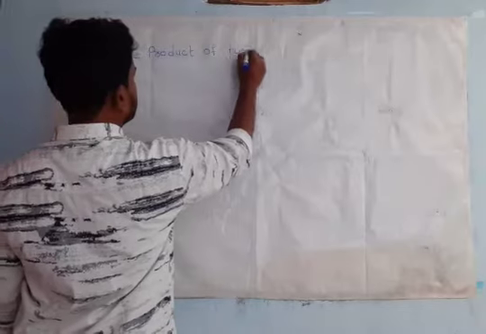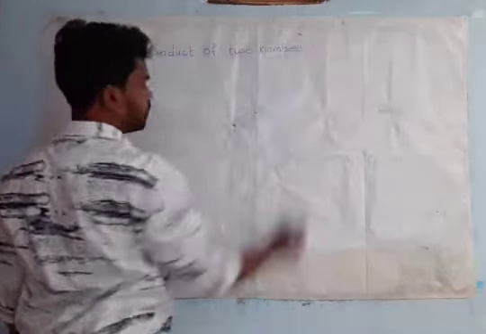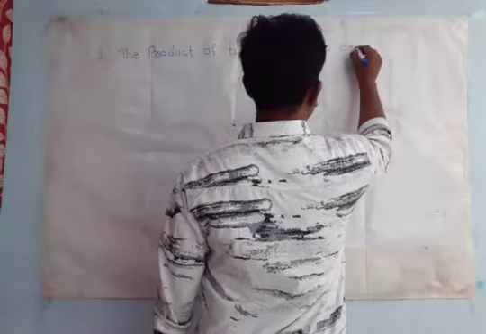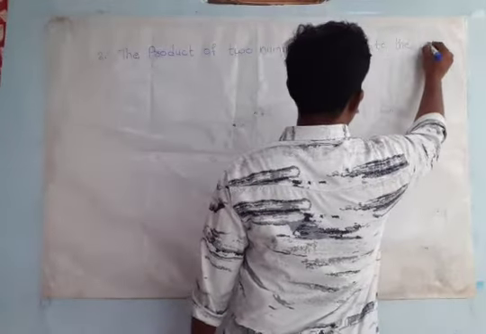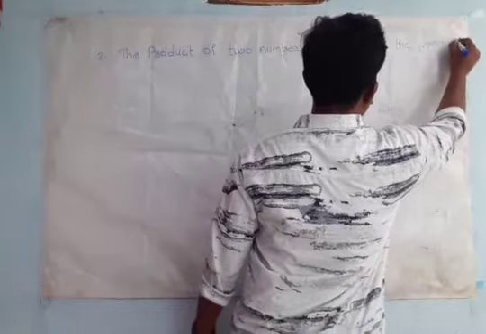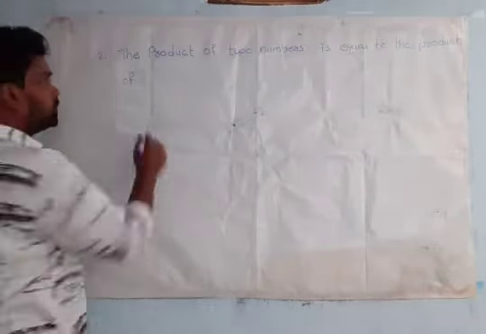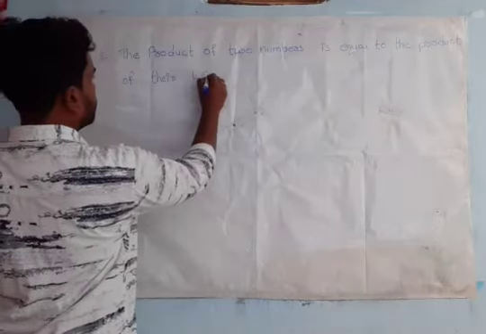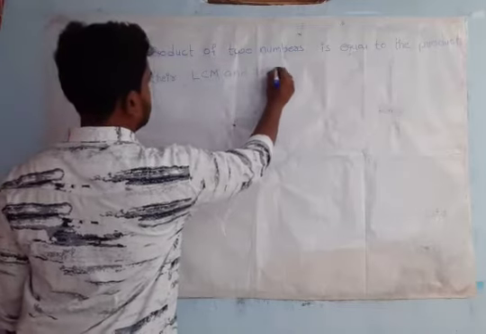The product of two numbers is equal to the product of their LCM and HCF.